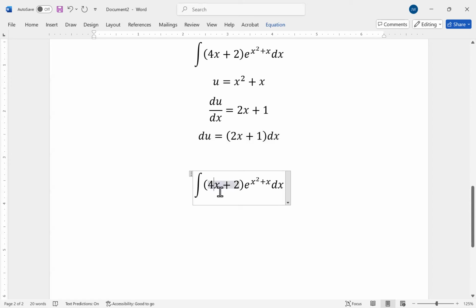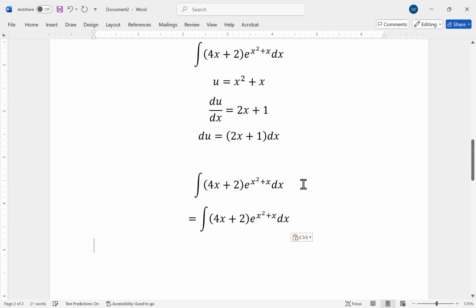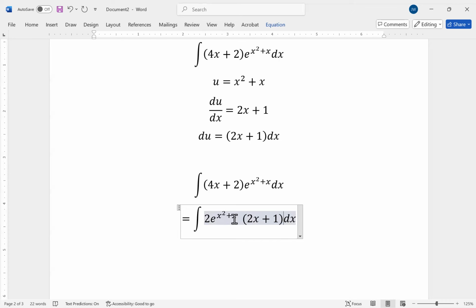So what I'm going to do is take this integration and rewrite it. I'm going to factor out 2 from that lead polynomial, and then take that lead polynomial and place it next to the dx, just for my own visual sake.